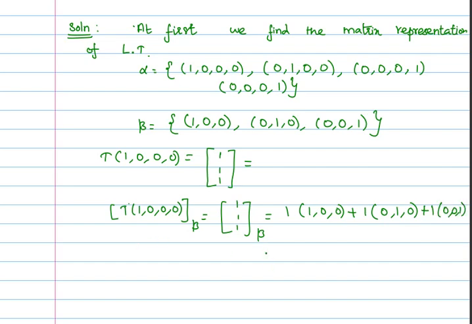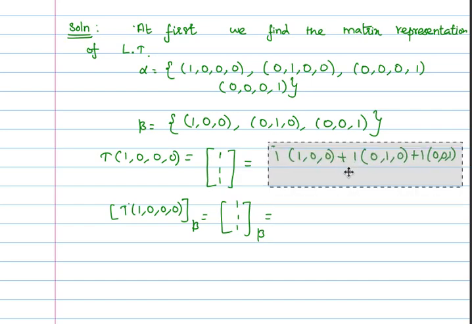So the coordinate vector is the same vector, again (1, 1, 1).